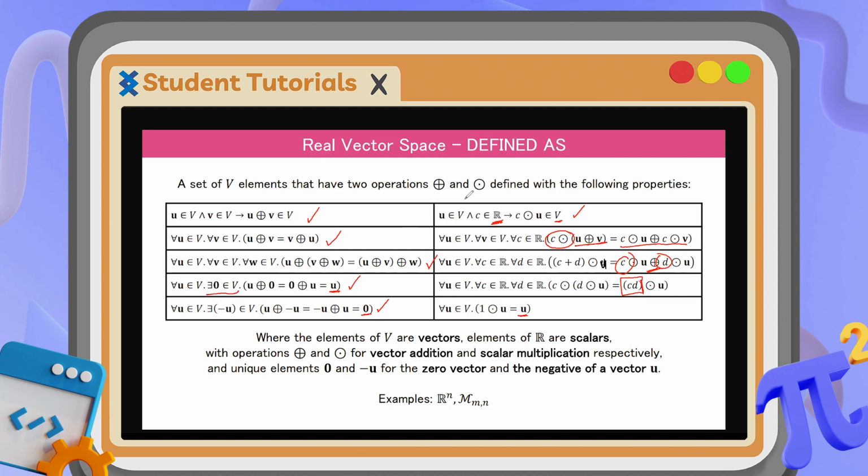So all in all, we have all these 10 properties discussed, and each of these needs to be checked in order to consider a set to be a real vector space, provided our two operations right here. And to add some terminology, the elements of V are considered to be vectors.